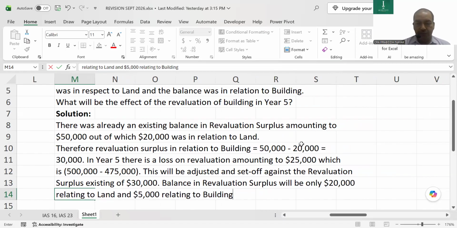Clear? Any questions? Anything that you want to ask? Any calculation that you have not understood?